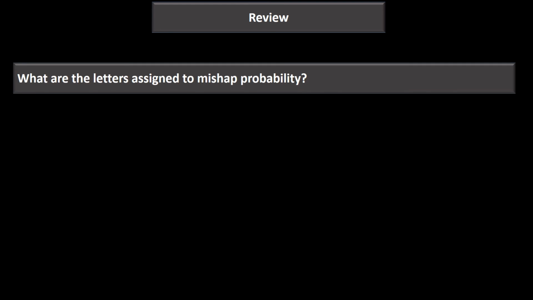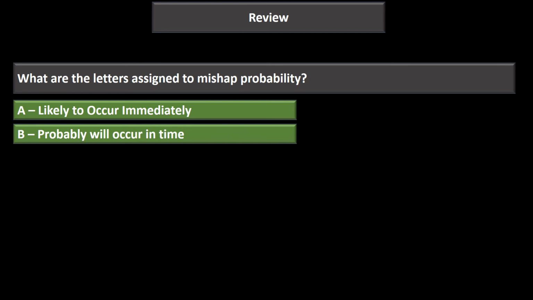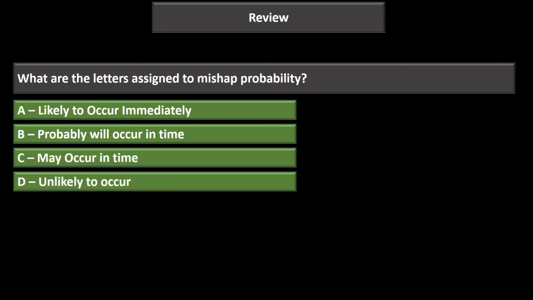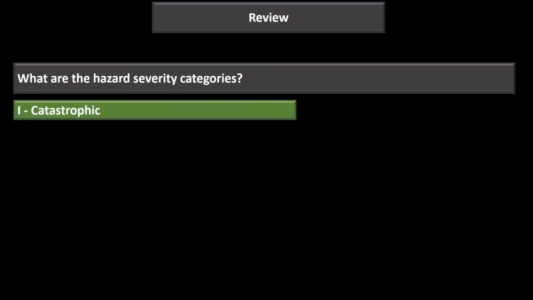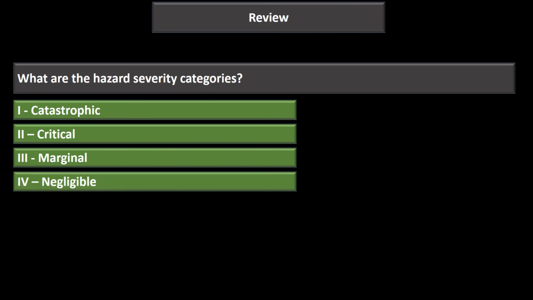When we're thinking of mishap probability, we take letters A, B, C, and D, and A means likely to occur immediately, B means probably will occur in time, C may occur in time, and D unlikely to occur. What are the hazard severity categories? Remember, severity, we did numbers. 1, we said catastrophic. 2, we said critical. 3, we said marginal. And then 4, negligible.